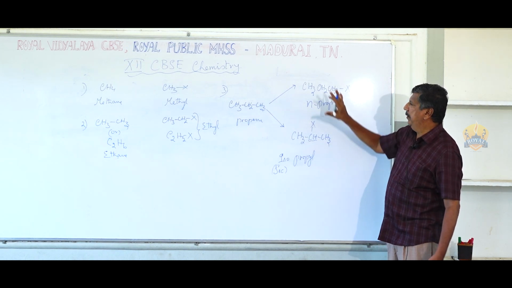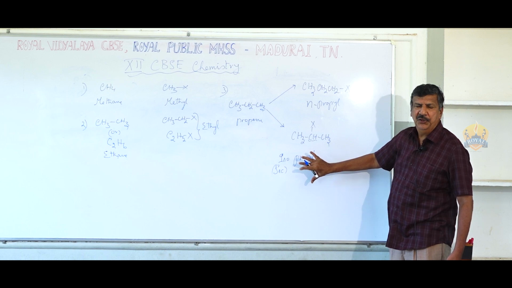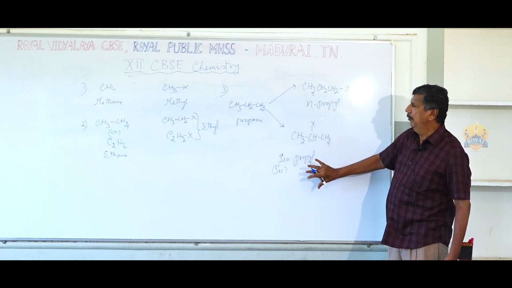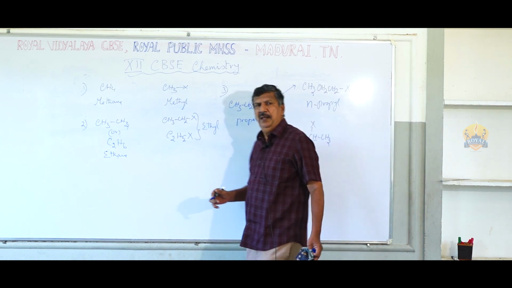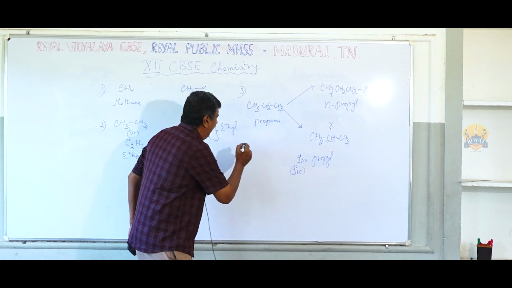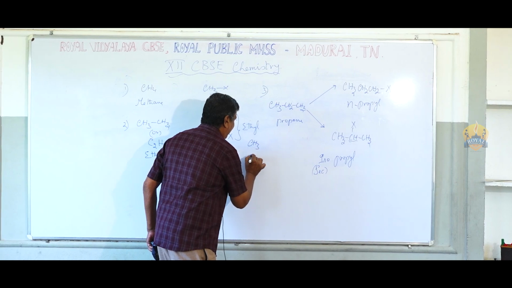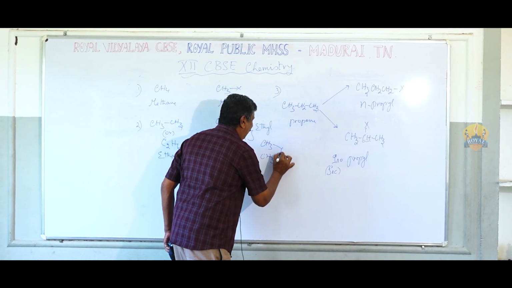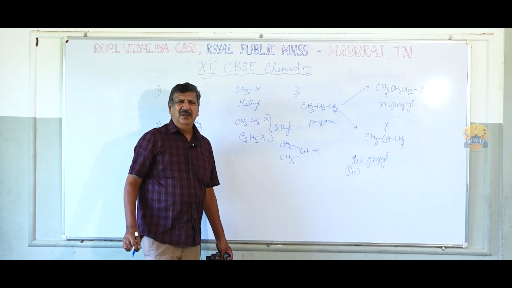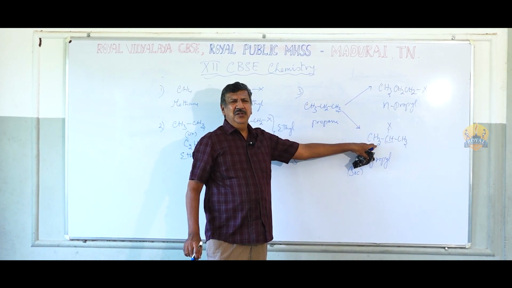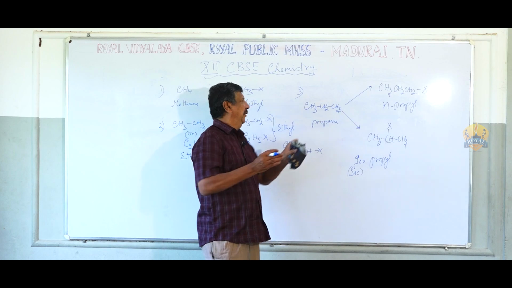So regarding propyl, you should be very, very careful. We are having two propyls. But these formulas will be given in the book like this. Don't read all these formulas. Why are you reading like this? You have your own style. Don't change the style.